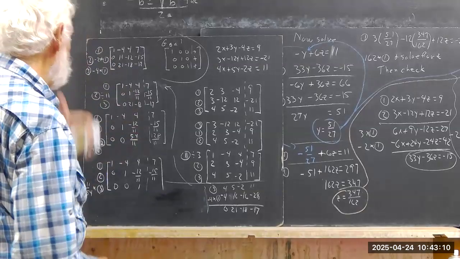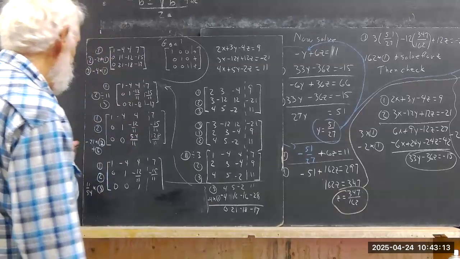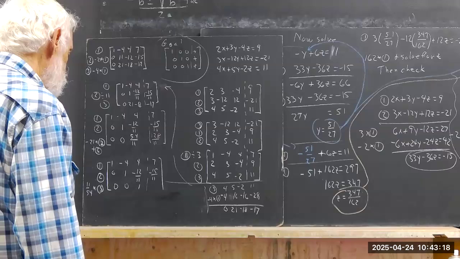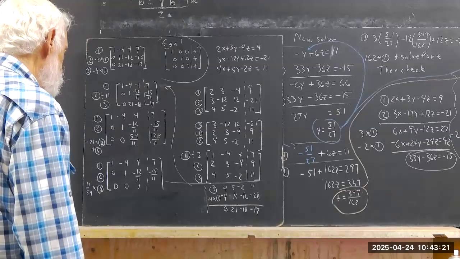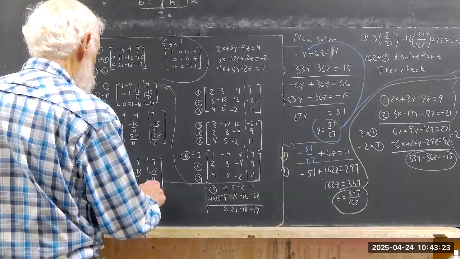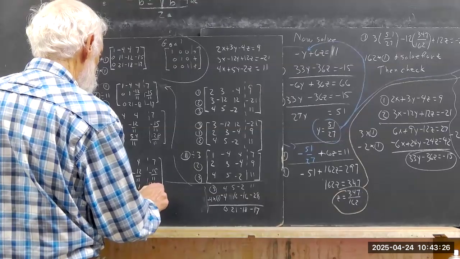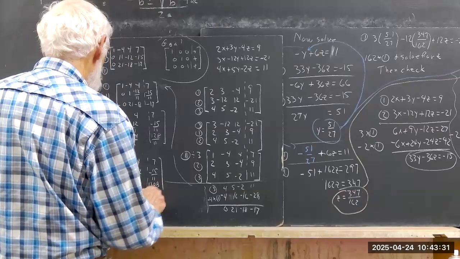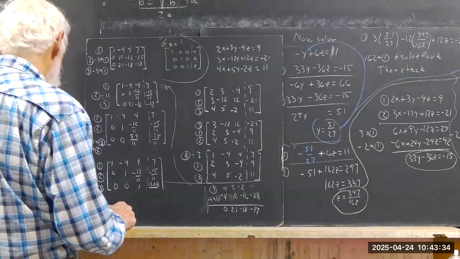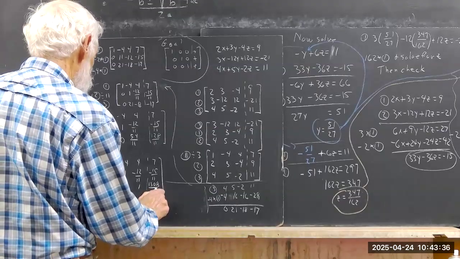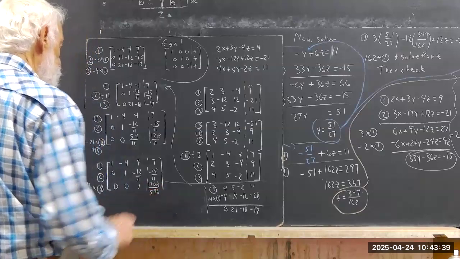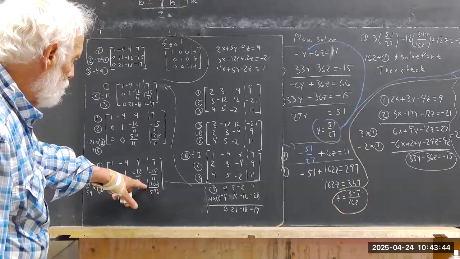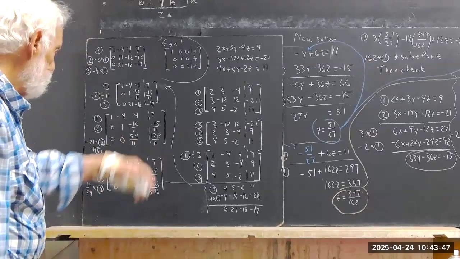Okay, 11 times 128, that's 1280 plus 128, which is 596. Hmm, and of course, that can be reduced because this is divisible by 4, and this is divisible by 4.